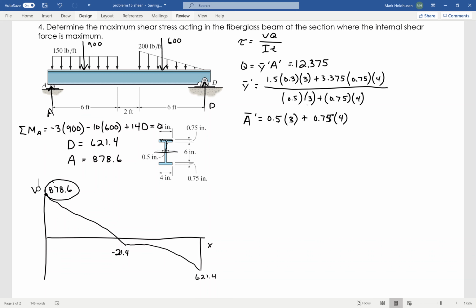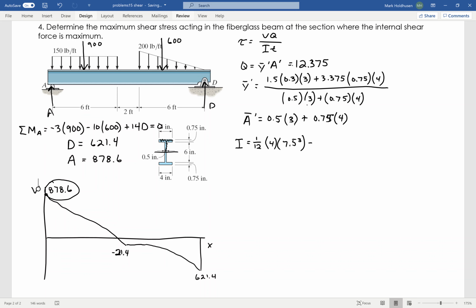Now the last thing that I need is I. And that's going to be the moment of inertia, the whole thing. So what I'm going to do is take the whole, because I don't want to deal with the parallel axis theorem. So I'm going to take the entire rectangle, which will be 1/12 times 4 times 7.5 cubed. That'll be the whole rectangle. Then I'm going to subtract off the two smaller rectangles on each side.